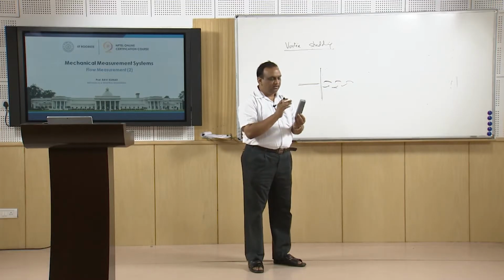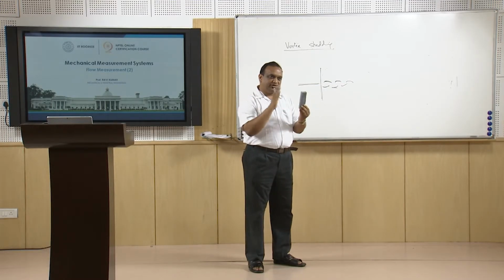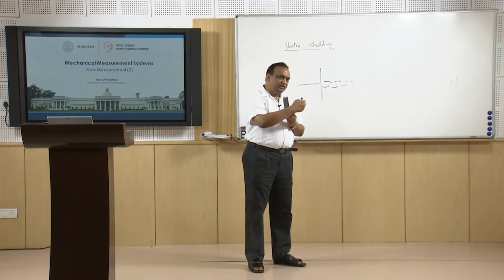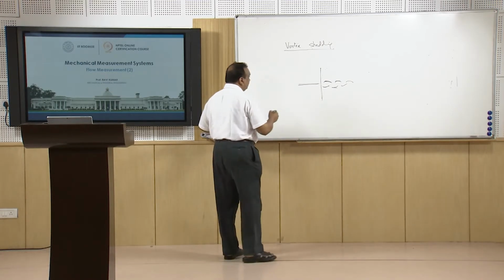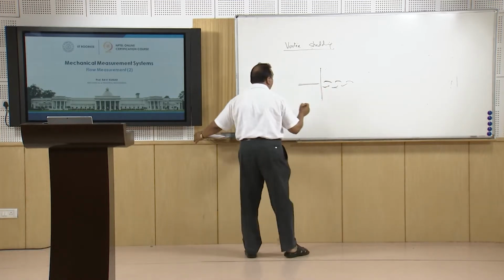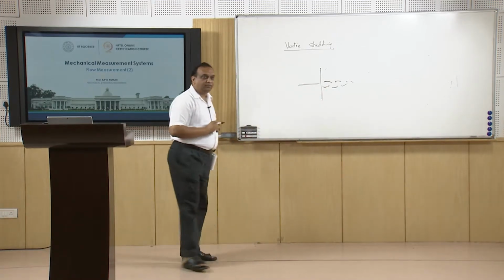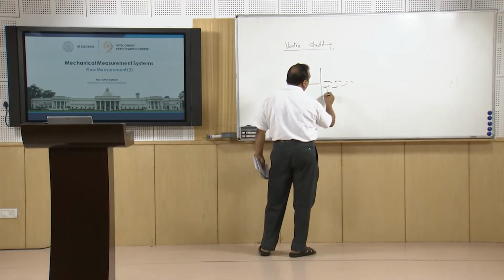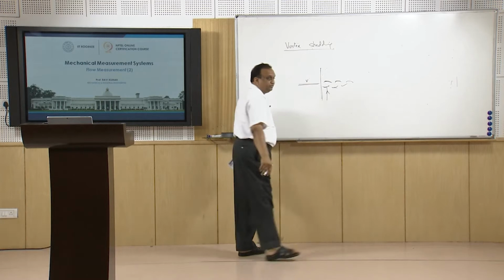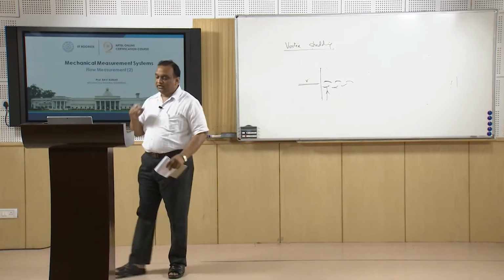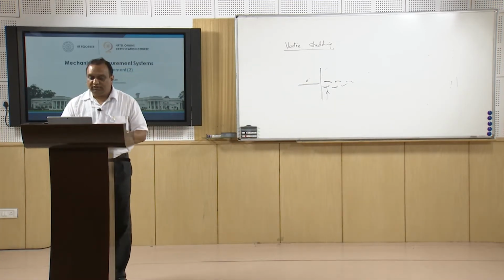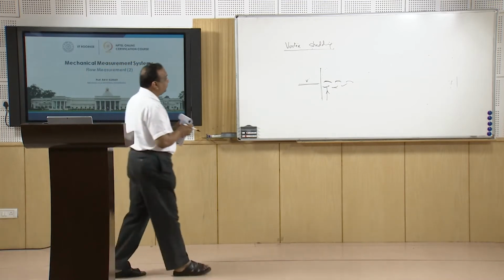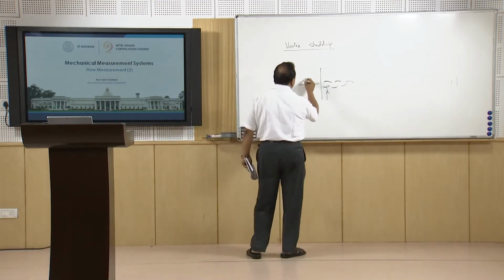When the flow is coming from this direction, on the trailing side, vortices will be formed. Now these vortices can be counted with the help of pickups. The number of these vortices is proportional to the velocity, so if we are able to count the frequency of these vortices, we can find the velocity of the fluid.